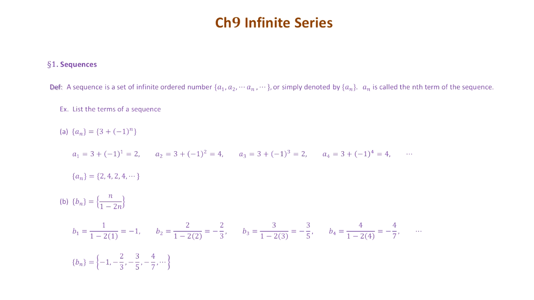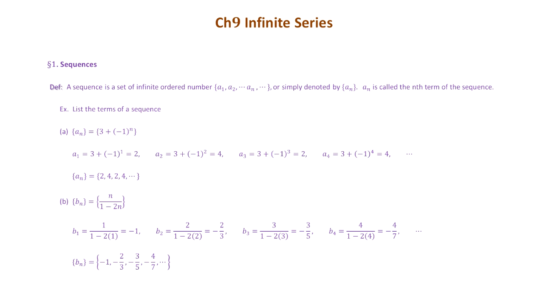For the first term of the sequence b_n, you plug in 1 for n and get 1 over 1 minus 2 times 1. The 1 minus 2 in the denominator is -1, so you get 1 over -1, which is -1. So the first term in the sequence b_n is -1.